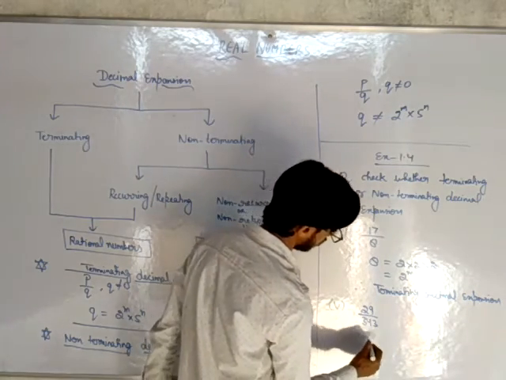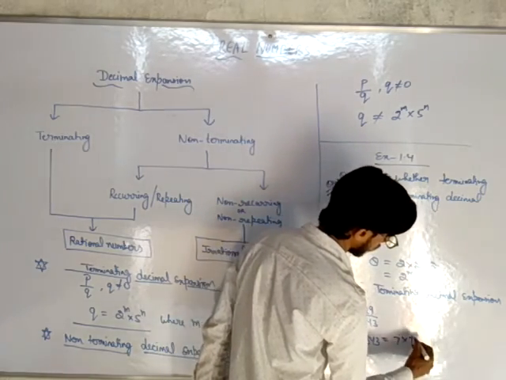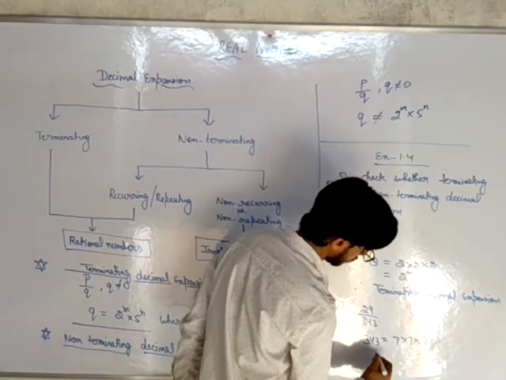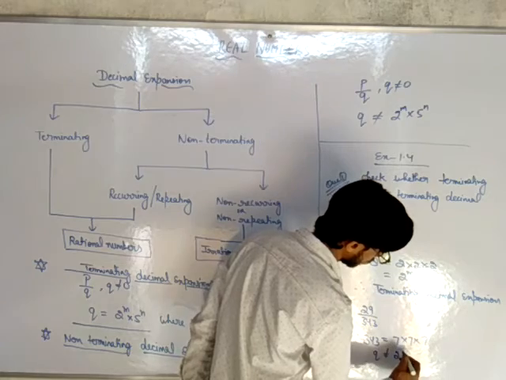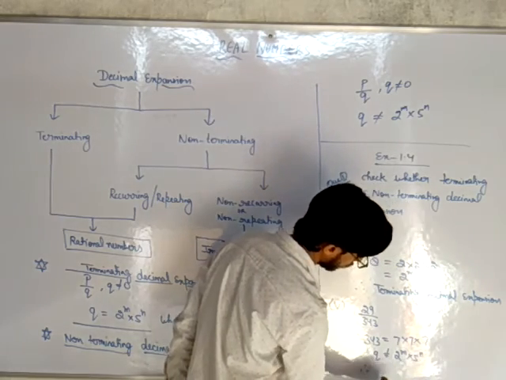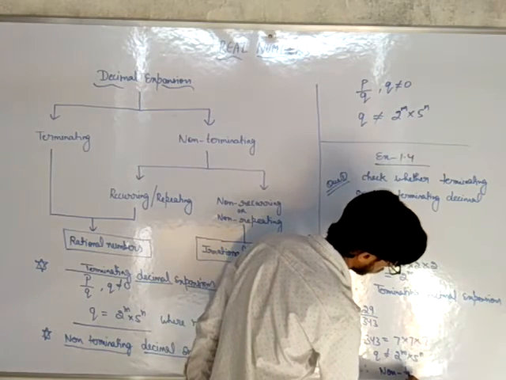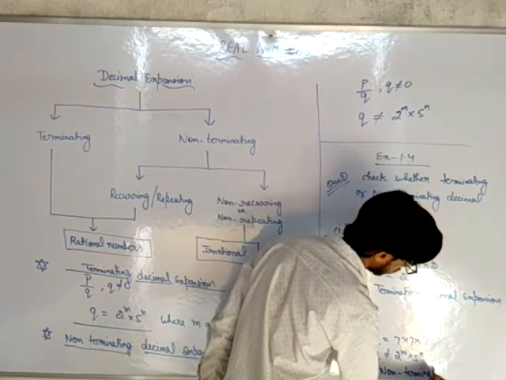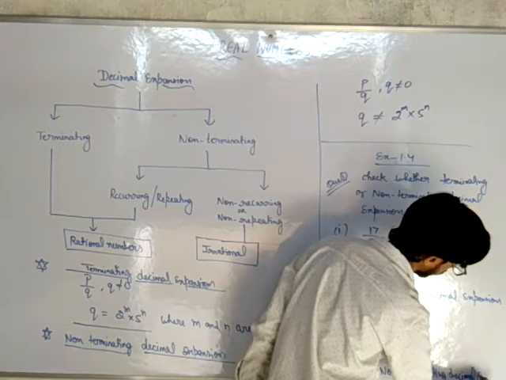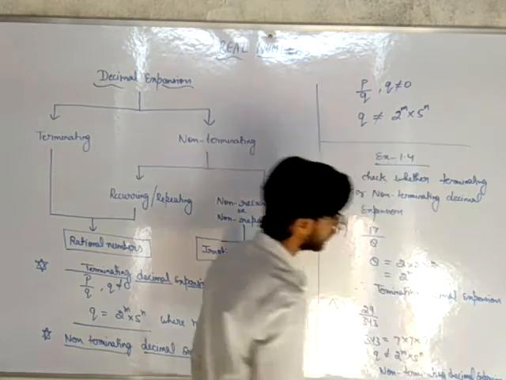Since the denominator 343 is the cube of 7, 7 into 7 into 7, q is not in the form of 2 to the power m into 5 to the power n, therefore it is a non-terminating decimal expansion. Clear?